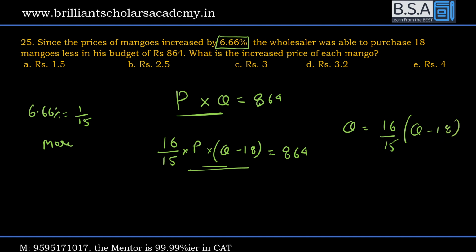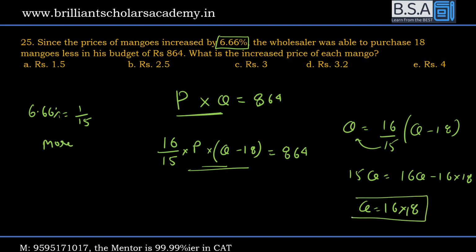Cross multiply and solve. Your job is done. This is the quantity being purchased. This is the original quantity. You put that quantity in the second equation and you can find the price of a single mango.